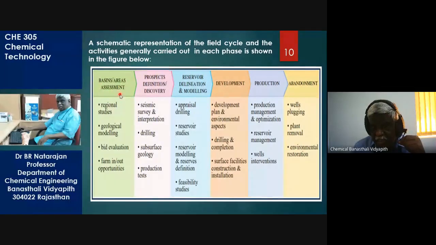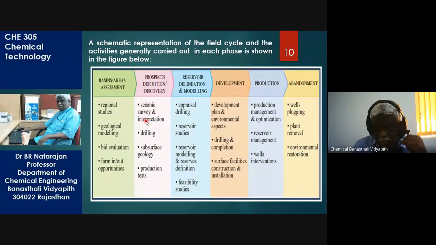Basin area assessment. Basin area means where the oil is likely to be found. There are regional studies, geological modeling, then contracts are given. Bid means contract, right? Contracts are given, evaluated, and then you search for opportunities in a given area where oil may be found.